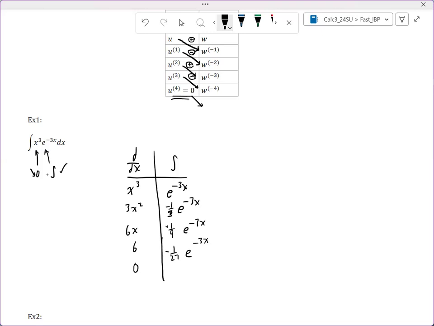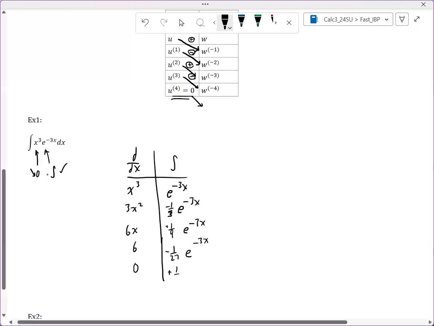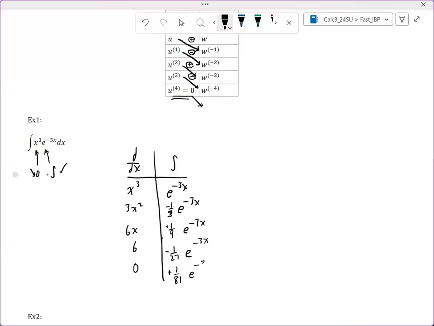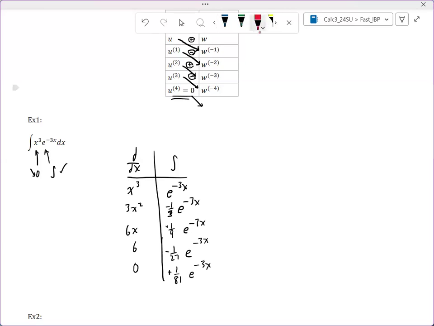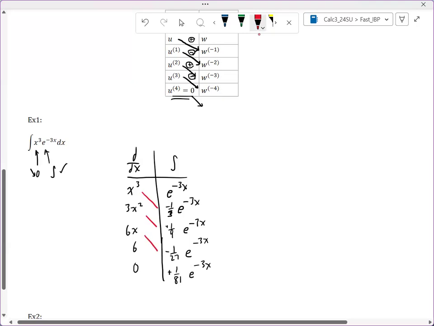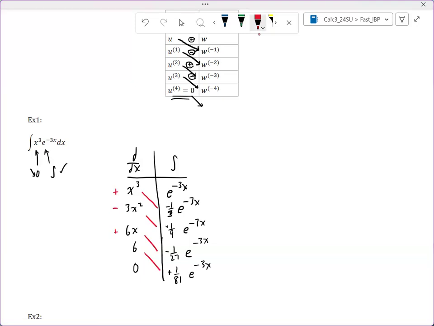I know these go diagonally whenever I'm going to multiply them, so the 6 needs to pair with the next one down. So I have plus 1/81 e to the negative 3x. And again, these pair off this way, with a plus here, a minus, a plus, and a minus.